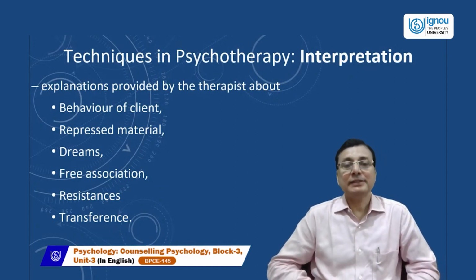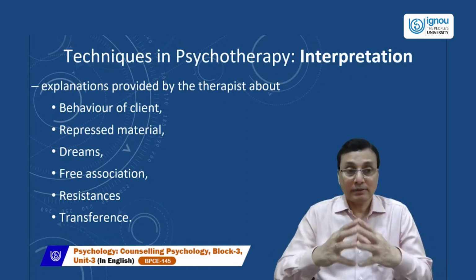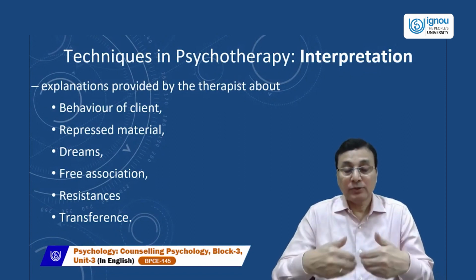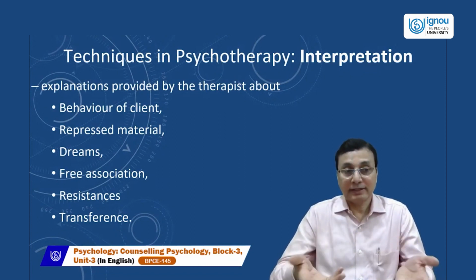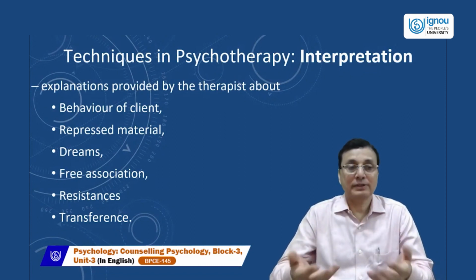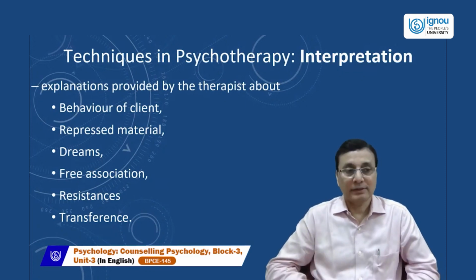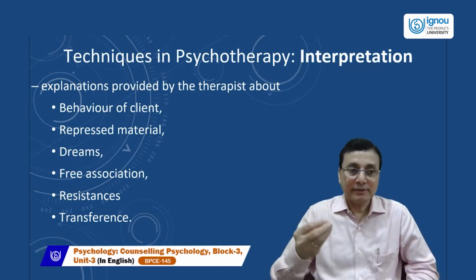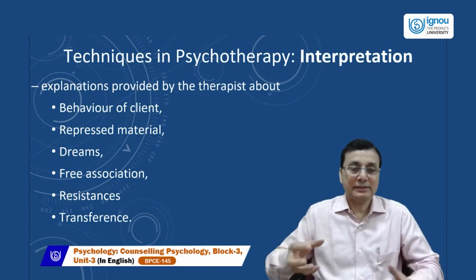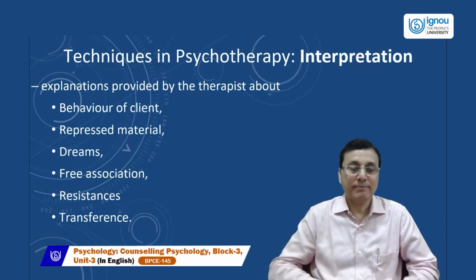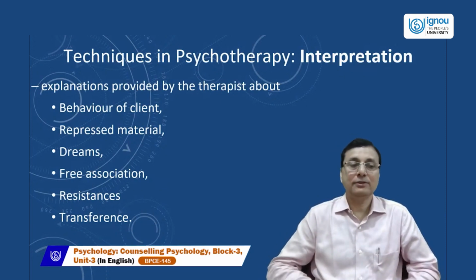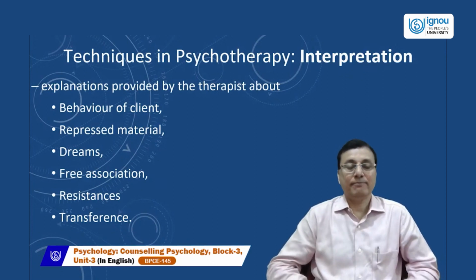Free association. This is the basic quality. Why? Because if you are not allowing the client to talk freely, it will be very difficult to get any meaning from the talk. When the client is talking, you are associating certain acts or behavior of the client with those needs and desires.